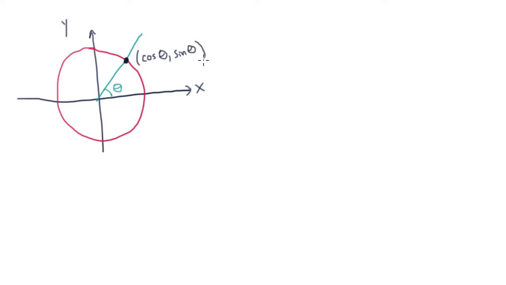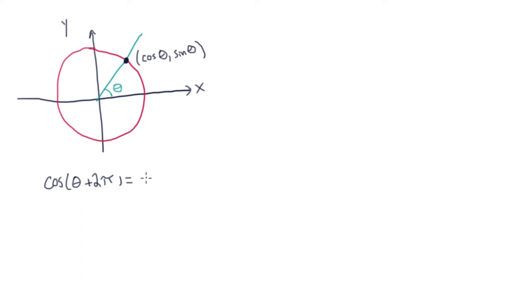Okay, so cosine theta and sine theta, those are definitely both functions because for each angle we're going to get a unique output. But it's not the case that for each output we have a unique input. And that's because if I take cosine of theta and add 2 pi, so if I'm at theta and then I go all the way around the circle, I'm going to end up where I started.